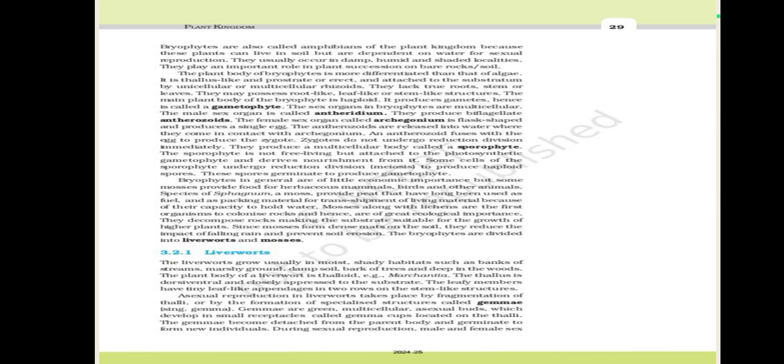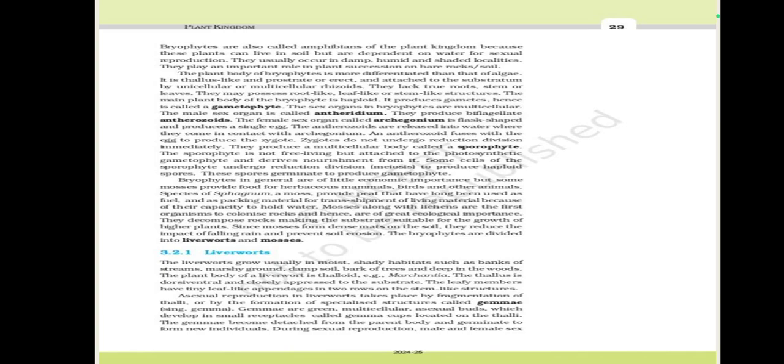The thallus is dorsiventral and closely appressed to the substrate. The leafy members have tiny leaf-like appendages in two rows on the stem-like structures.